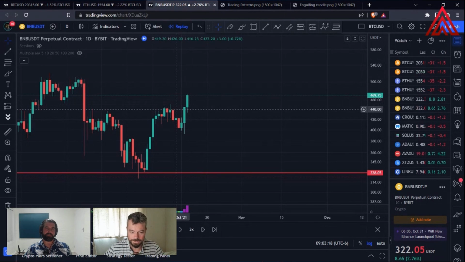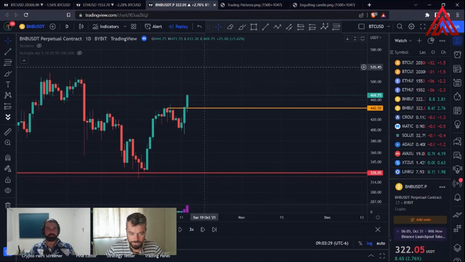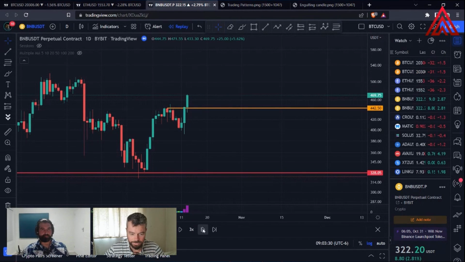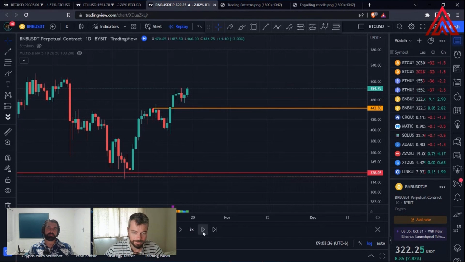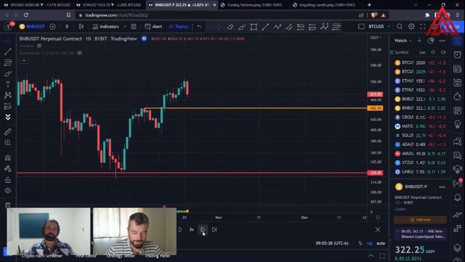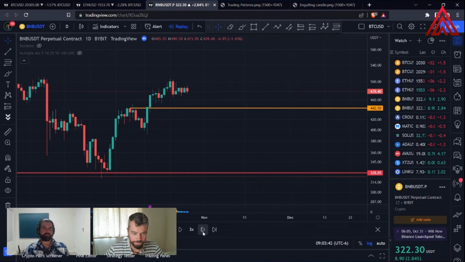So as soon as we go above the previous high here, we can just put a line here just to remember here. Then here we have our next impulsive move. Okay, next impulsive move. So we break the previous high. And we will see a pullback.